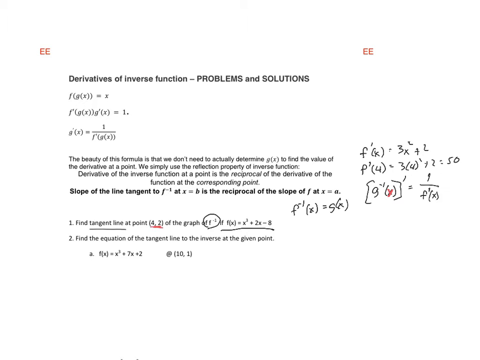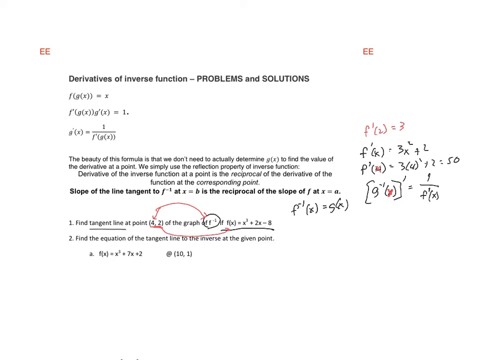If I want it to be at 4, 2, I really want 4 to be my x for the f. So if 4 is the x for the f, that means that 2 is the input for the original. So I don't actually want f prime of 4, I want f prime of 2.